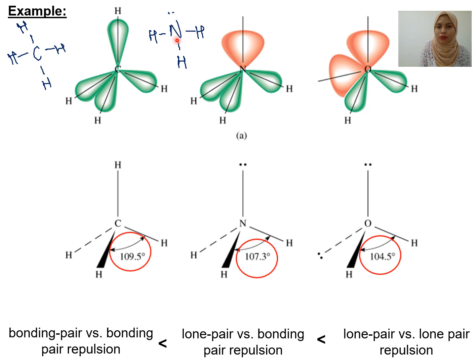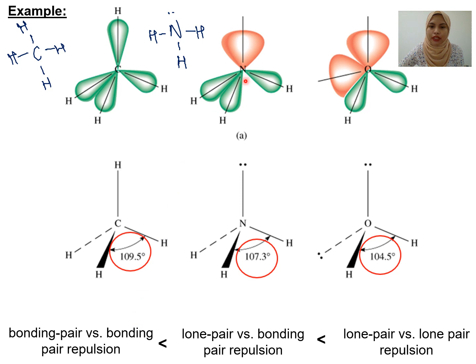So nitrogen has 4 electron pairs at its central atom, but it has 3 bonding pairs and 1 lone pair. Supposedly the shape of NH3 is tetrahedral. Why tetrahedral? Because according to molecular shape, if the central atom has 4 electron pairs, supposedly its shape is tetrahedral. But because it has a lone pair, according to VSEPR theory, the lone pair repulsion versus bonding pair repulsion is more than bonding pair repulsion.